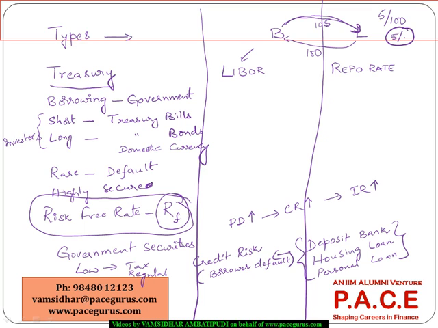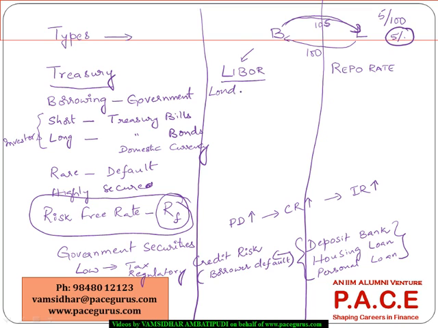So they are not a real reflection of the market rate. They are artificially low because of various tax and regulatory reasons, and that is where traders use LIBOR for evaluating derivative securities.